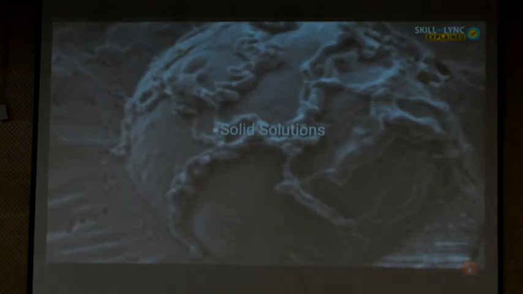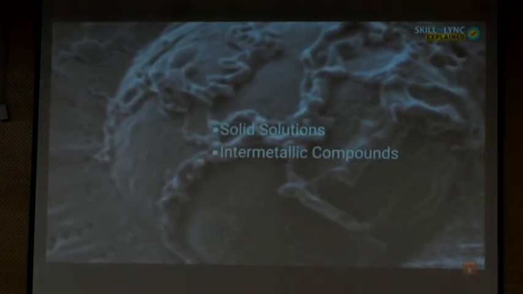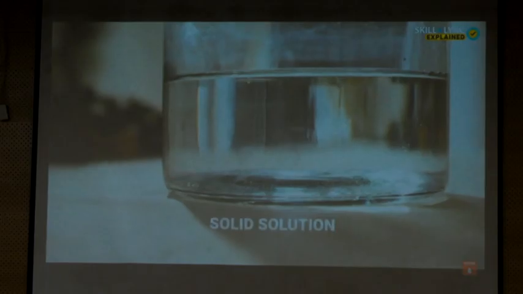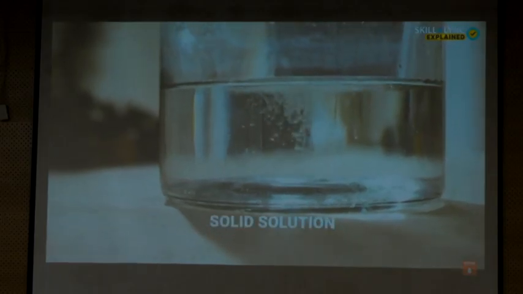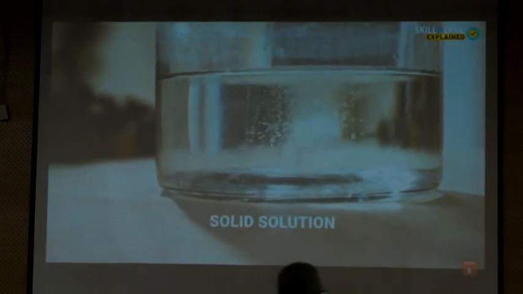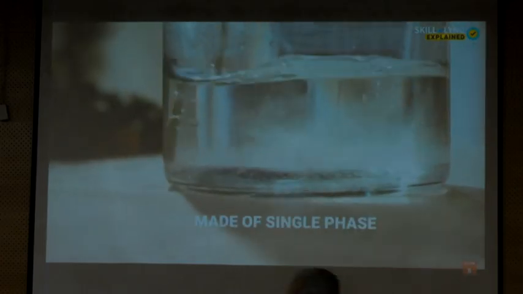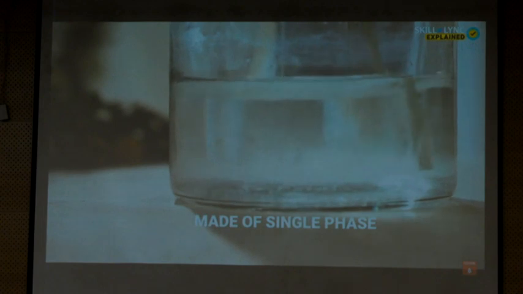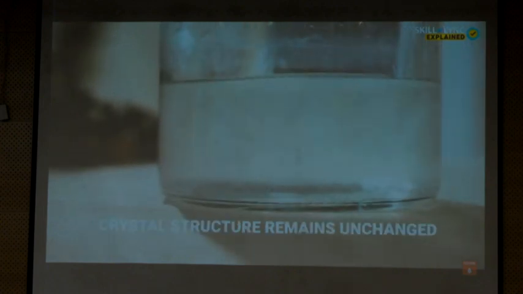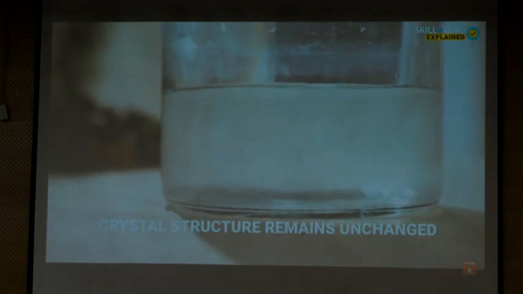Alloys can be divided into two types. They are solid solutions and intermetallic compounds. A solid solution is a solid-state mixture that contains two or more solutes in a solvent. A solid solution consists of a single phase throughout, and the crystal structure of the solvent remains unchanged even after adding the solute.